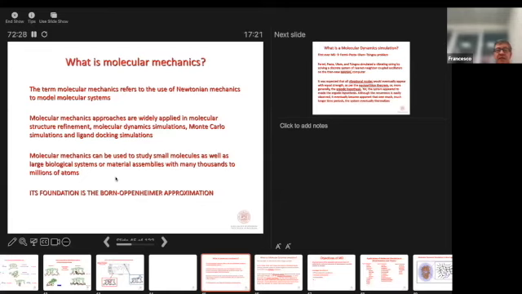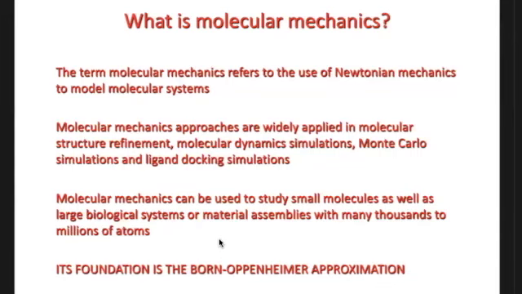Molecular mechanics is basically a Newtonian approach to molecules. One can say, look, I describe a bond as a classical harmonic oscillator, or I describe a torsional angle as something more complicated. But there is a foundation for this.